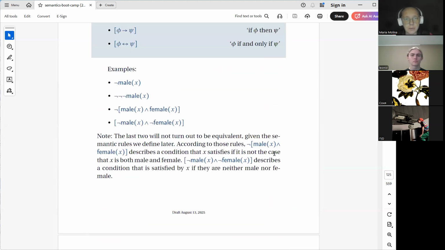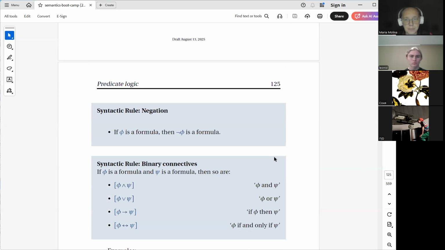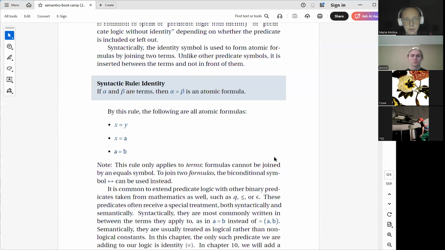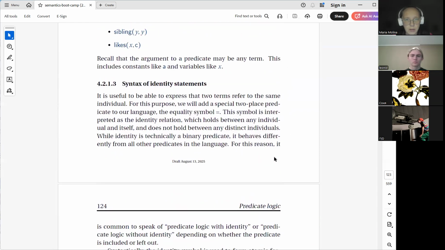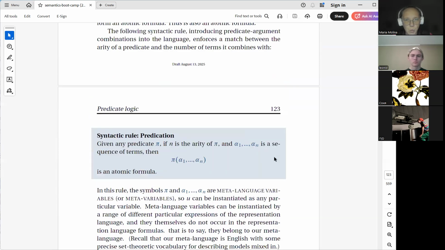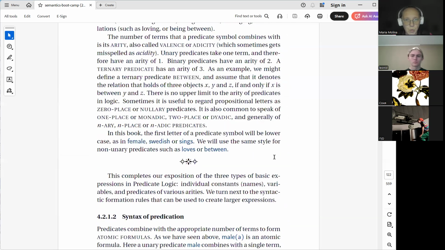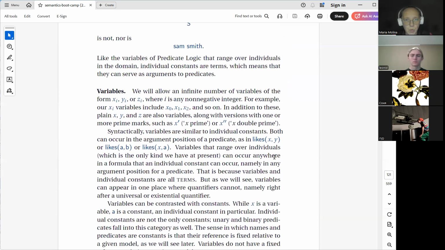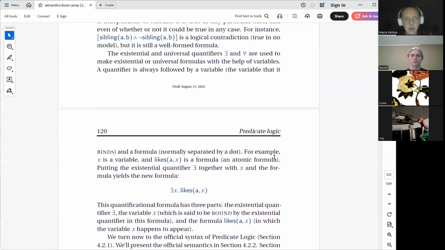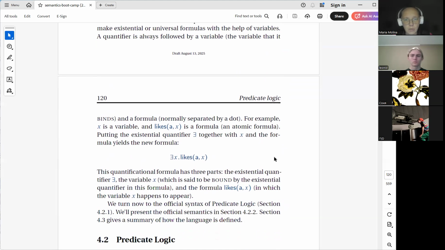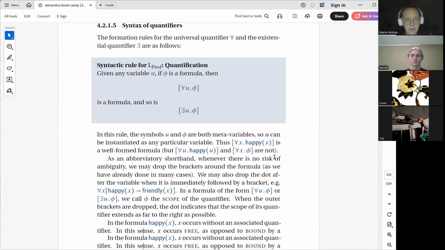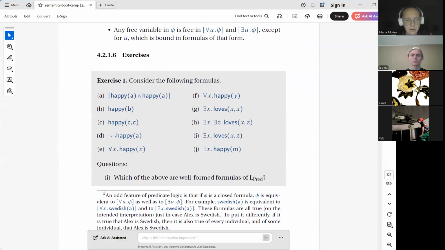We need to find the definition of well-formed formulas, I guess. Did we have it? I'm not sure there was a definition of well-formed formula. It was just discussed.